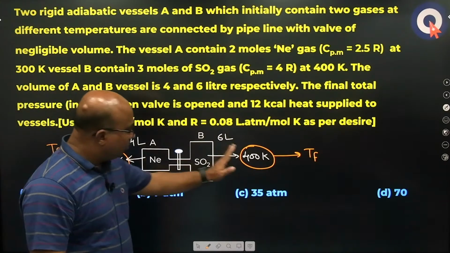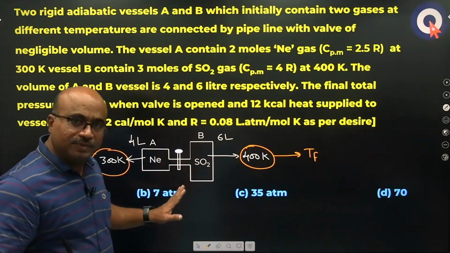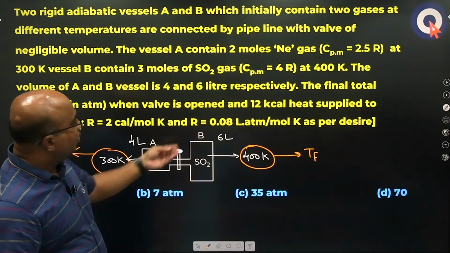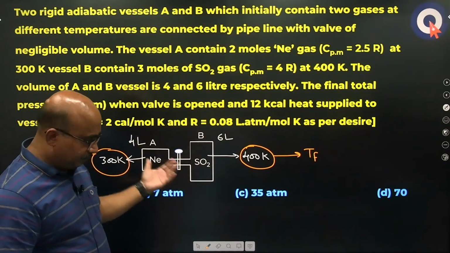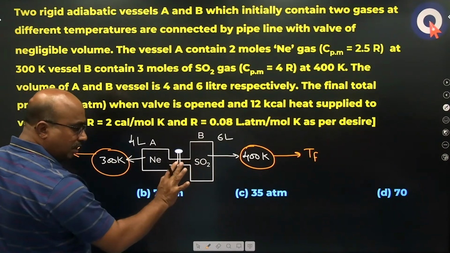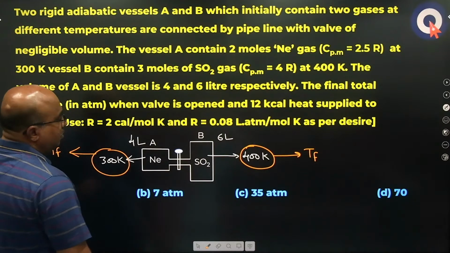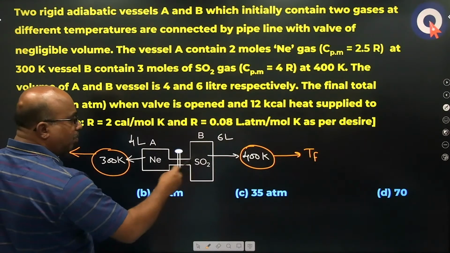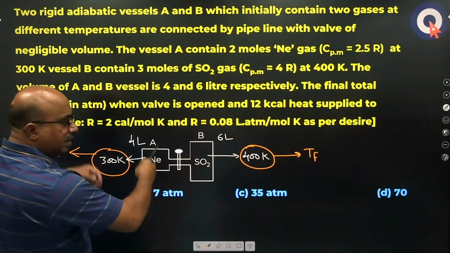Both reach the same temperature because 12 kilocalories of heat is given. The gases will diffuse into both the containers. Clear? So whatever heat we supplied is converted to increase their temperatures.